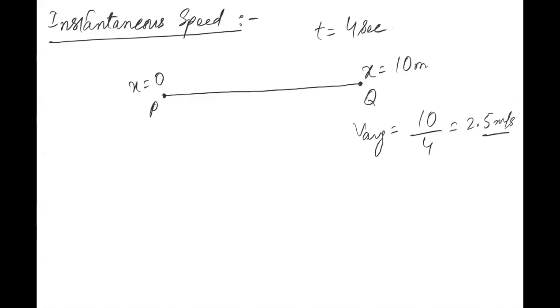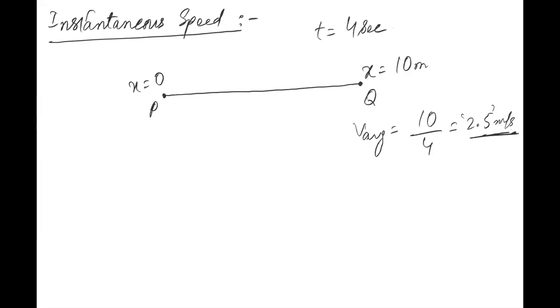But this is the rate at which you have covered the total distance. I mean, the total distance is being covered by you at a rate of 2.5 meter per second. This means that on an average, you have covered 2.5 meter per unit of time or per second. But this doesn't mean that this is the speed at every instant of time.